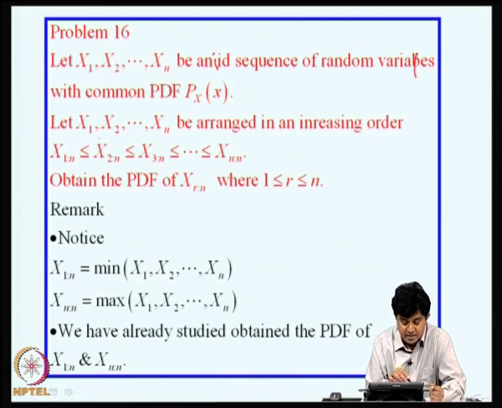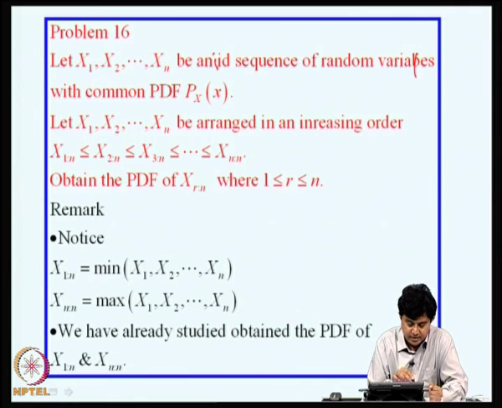Now what we will do is arrange x1, x2, ..., xn in increasing order, and we denote the lowest value as x subscript 1 colon n, the next one is x2 colon n, and so on, up to xn colon n. Now the problem on hand is to find the probability distribution function of the rth member in this ordered list, where r runs from 1 to n.